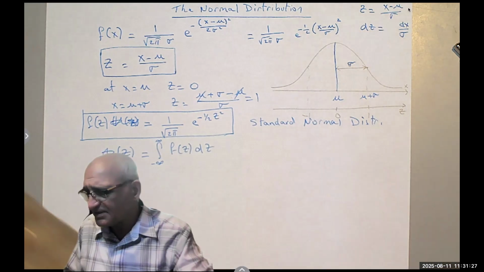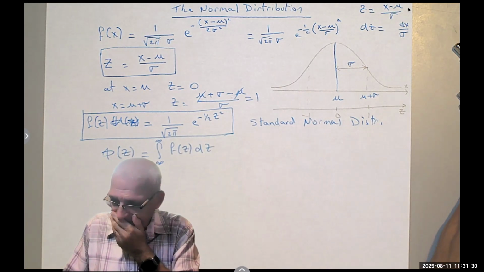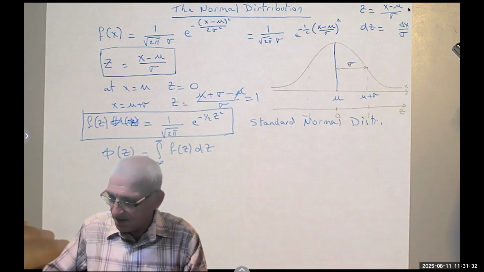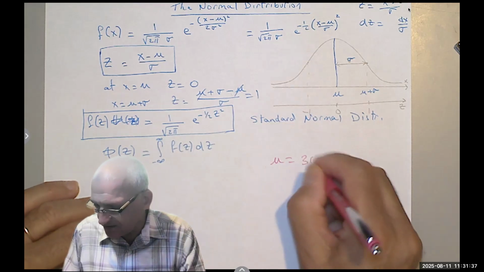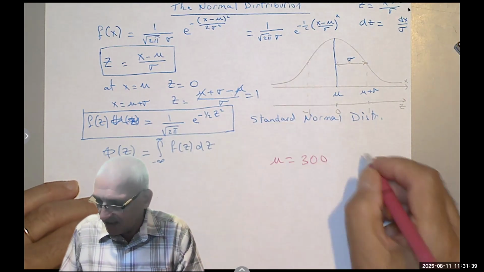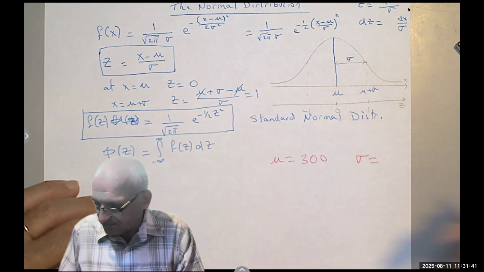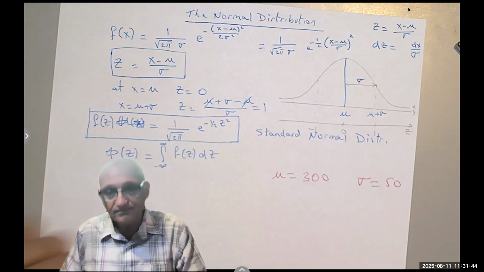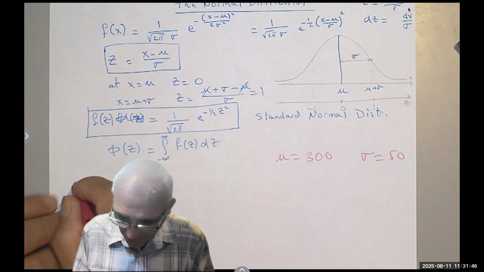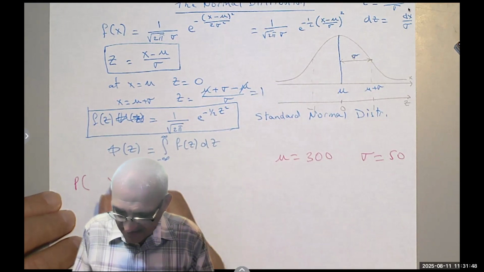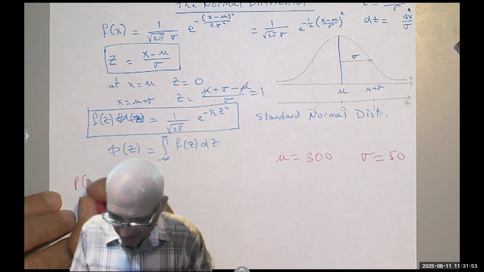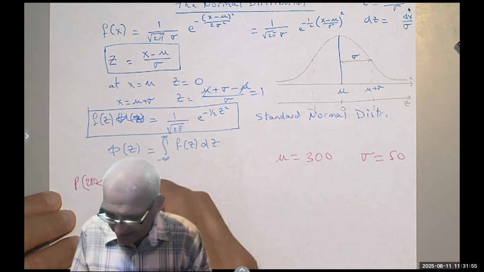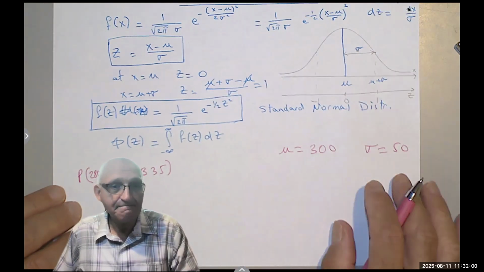So let's take an example. Suppose I have a normal distribution with a mean, let's say, of 300 units and sigma of 50 units. And I want to find the probability that x is greater than, whatever, 280 and less than 335, anything, okay?